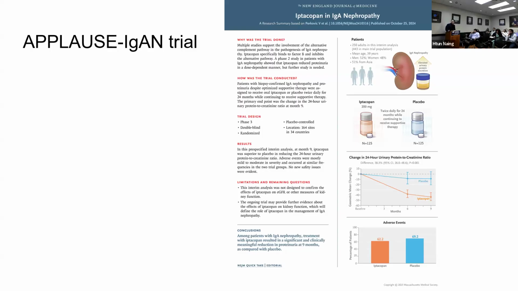And iptacopan has a significant reduction of proteinuria compared to placebo, about 38.3%, with a confidence interval of 0.26 to 0.46, p-value of 0.01. So by that means we got the accelerated approval from the FDA, and we don't know the 2-year eGFR slope yet.